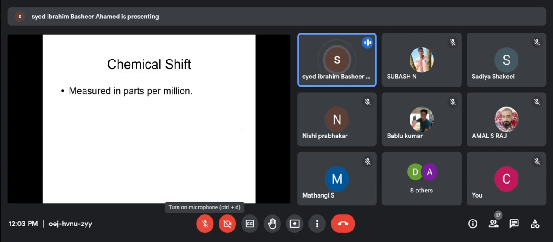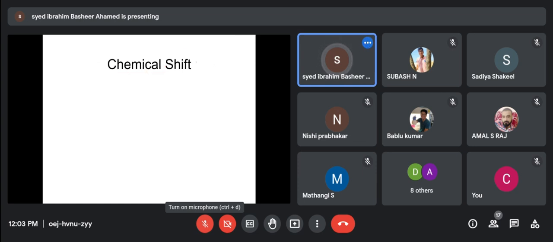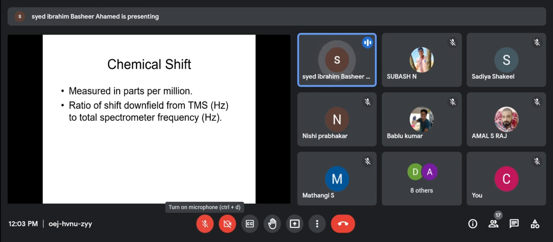Okay, so NMR signal is generally denoted in terms of chemical shift. Okay, it is measured in ppm, parts per million. So the chemical shift is a ratio of shift downfield from TMS to the total spectrometer frequency.